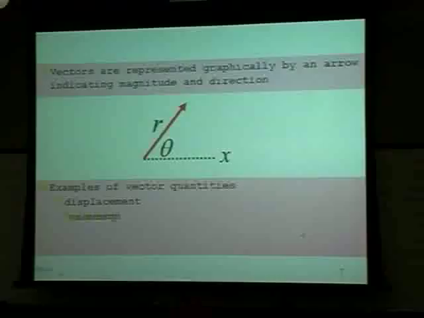Since displacement is a vector, so is velocity, because velocity is equal to your displacement over time. So velocity, by definition, is a vector divided by a scalar. And hence, it becomes a vector as well. Depends on whether, if I go 50 miles per hour to Birmingham, that's different from 50 miles per hour to Nashville. So velocity depends on direction.